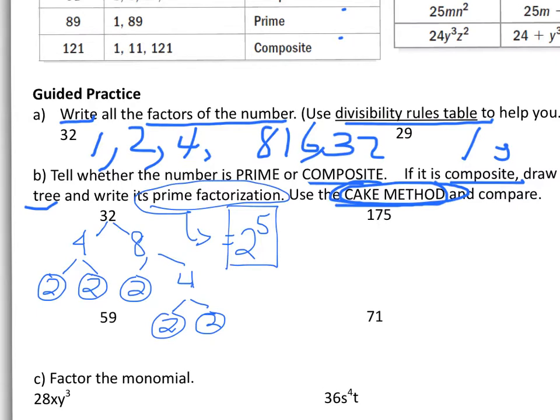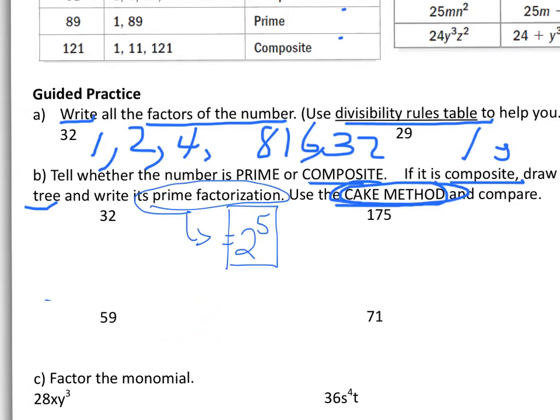Let me show you the cake method. 2, 16, 2, 8, 2, 4, 2, 2.